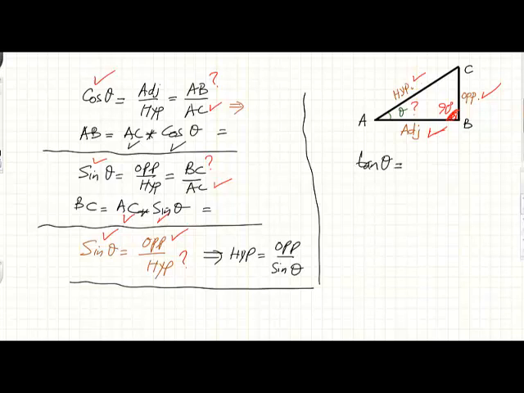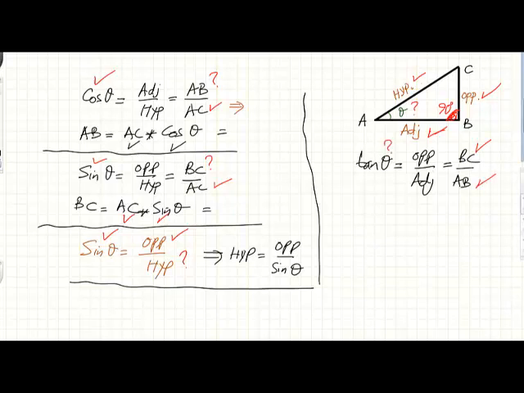Tangent theta is equal to the opposite divided by the adjacent. In this case, the opposite is known to us, which is BC, and the adjacent is AB. Again, one is known to us and one is unknown.